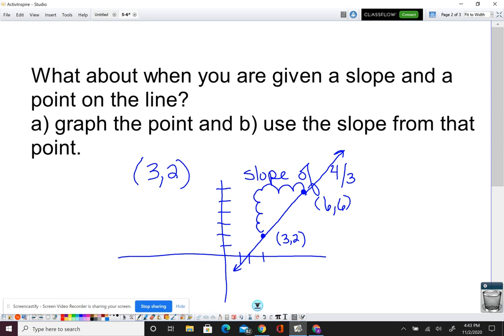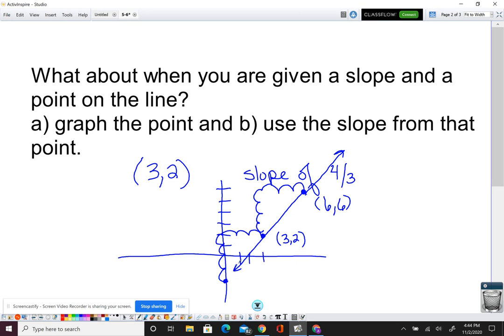Do we know where the line crosses the y-axis? We don't, but we could go backwards 3 units, so now we're on the y-axis, and down 4, 1, 2, 3, 4.